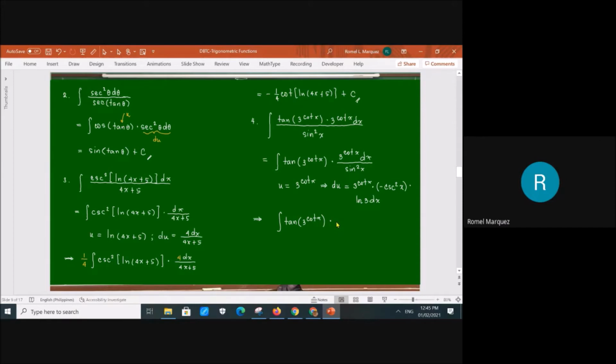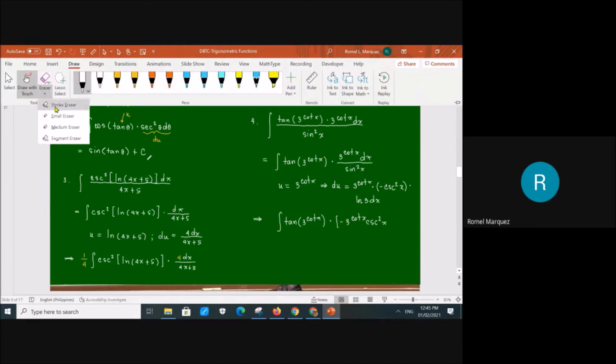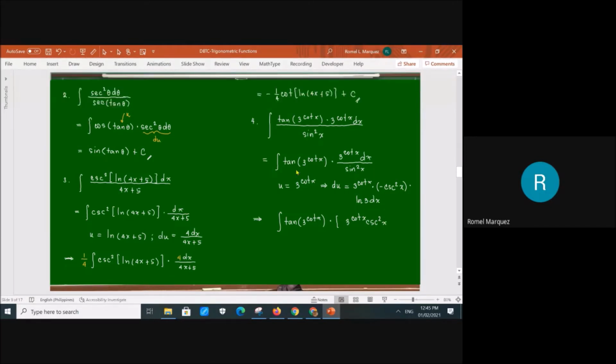What am I going to supply? I can rewrite this as negative 3 to the cotangent x. Then I will bring this 1 over sine squared up, cosecant squared x. But originally there is no negative yet, no? So we are going to supply that later.